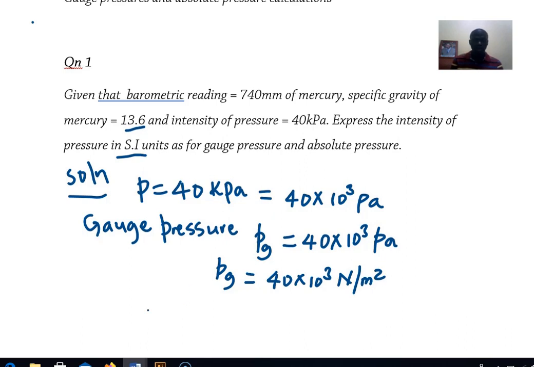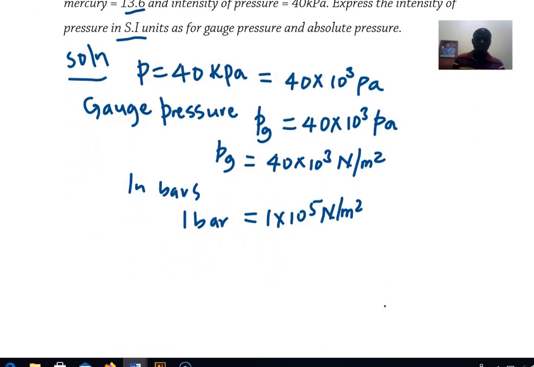Now in bars, we know that one bar is equal to 1 times 10 power 5 Newton per square meter.